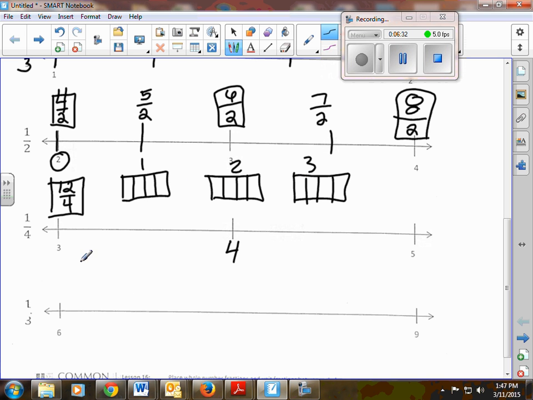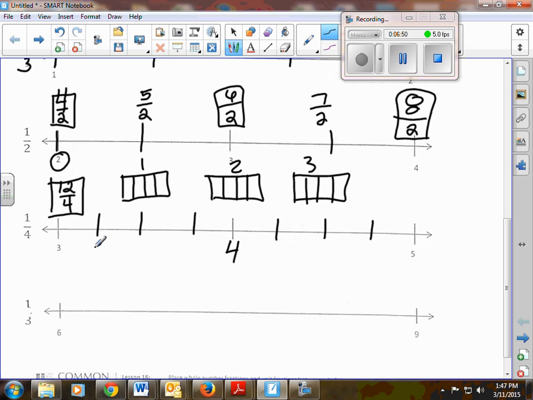Okay? We need to split the fourths into fourths. So let's equally divide between 3 and 4 into fourths. And then between 4 and 5, let's divide that into fourths as well.